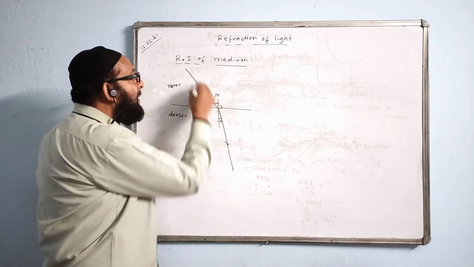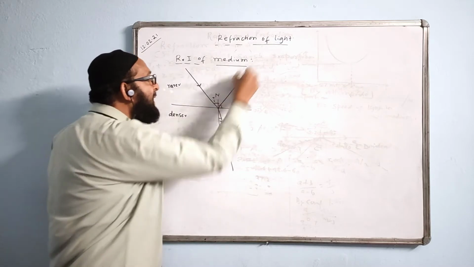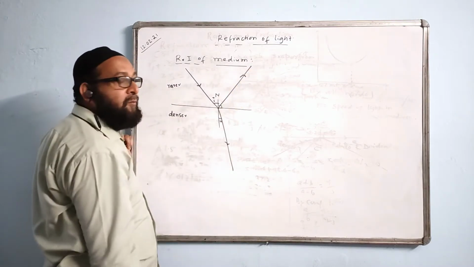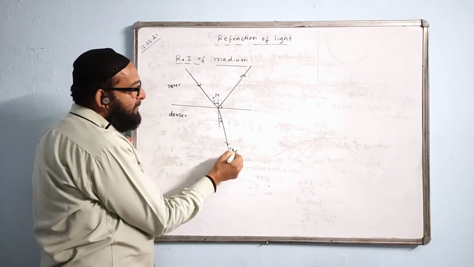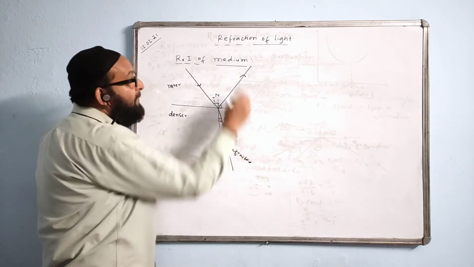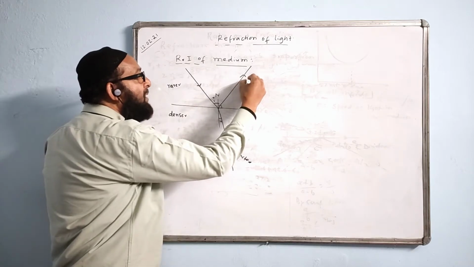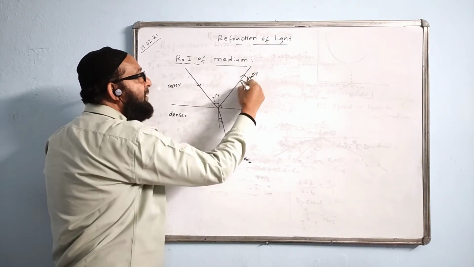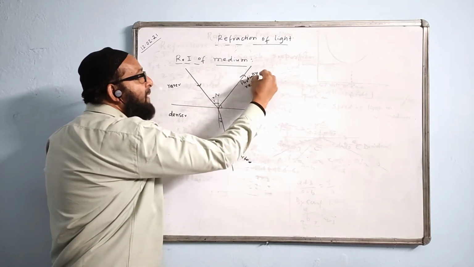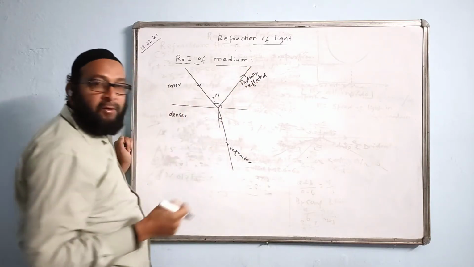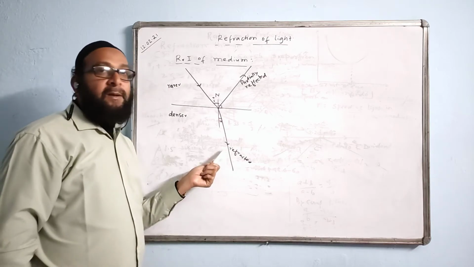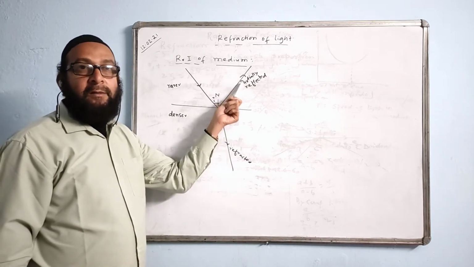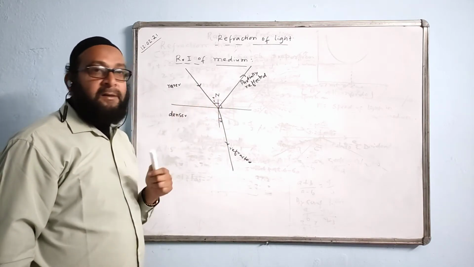But practically a part of the ray of light is reflected as well. There will be reflection also. Whenever there is refraction, this is the refracted ray. There will be a reflected ray also, but this is a partially reflected ray. Why partially? Because this contains much less energy, nearly 2%. 98% will be available here, only 2% will go there out of 100% of the incident ray.